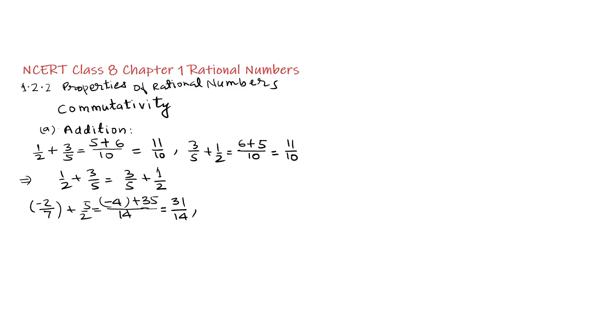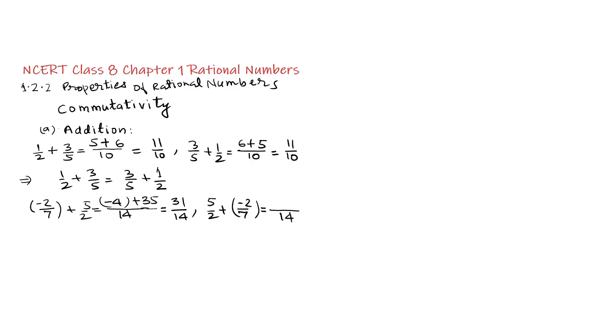Now we change the order of minus 2 upon 7 and 5 upon 2. Thus 5 upon 2 plus minus 2 upon 7 equal to, we take the LCM of 7 and 2, which is 14, and 2 times 7 equal to 14.